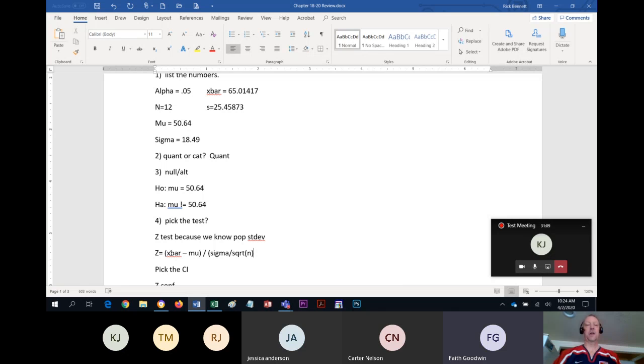What's the confidence level that you want us to use? Well, we've got an alpha of 0.05, so what would be our confidence level? Is it 99%? 95%, right. Okay. So you should be able to look on your chart.